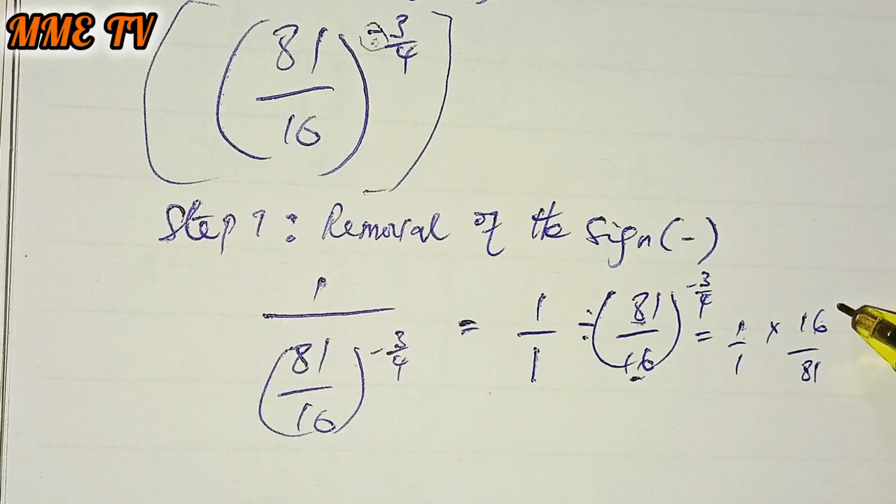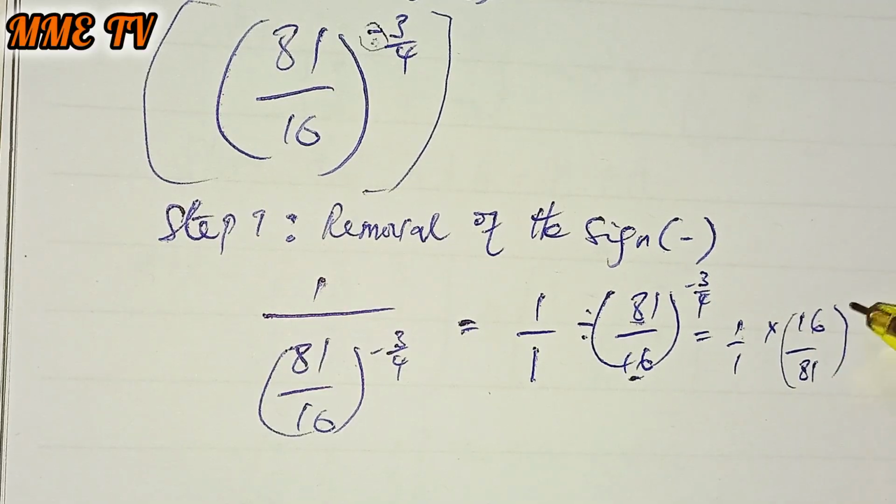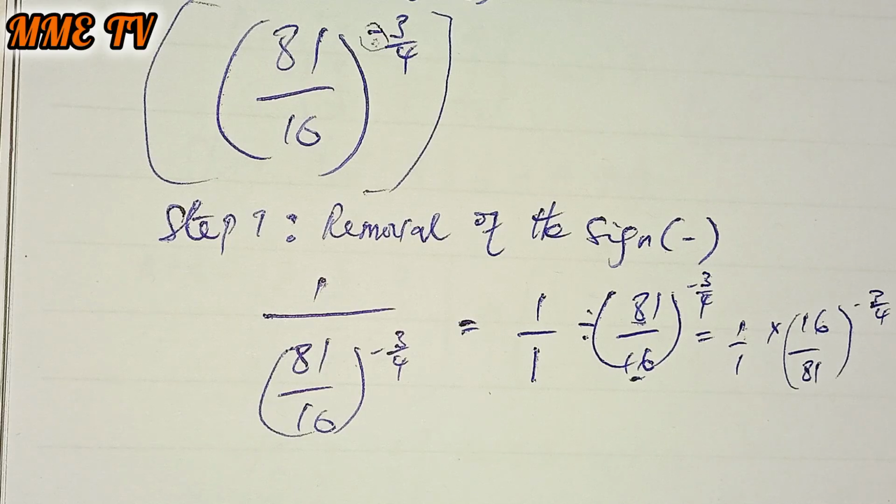I hope this is clear. Remember that the powers are still there. They won't be changed. They will remain there. So the power still being there doesn't have anything to do with what you're doing here. I hope you understand what I'm saying.